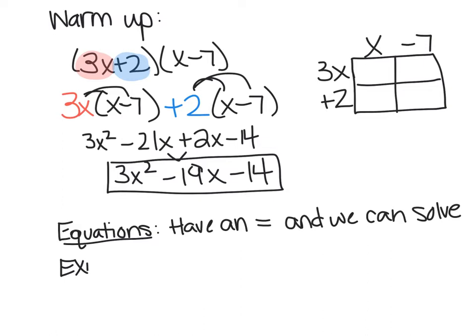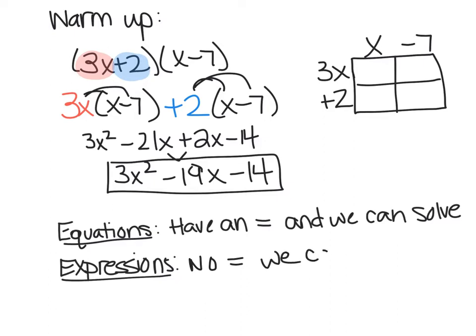Expressions, on the other hand, they don't have an equal sign, so no equal sign, and all we can do is simplify. You can't actually figure out what x is equal to.